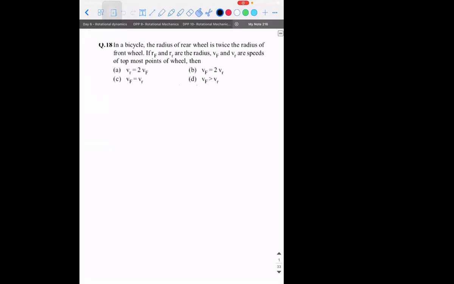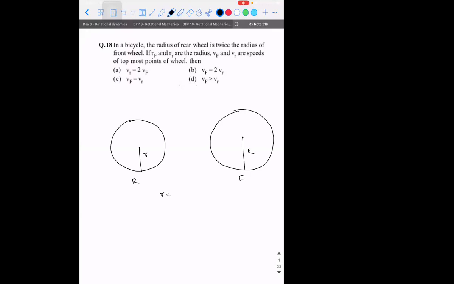There are two wheels. Okay. The radius of the rear wheel is twice the radius of the front wheel. Rear and front wheel. So if I take this as small r, this as capital R, the radius of the rear wheel is twice the radius of the front wheel.